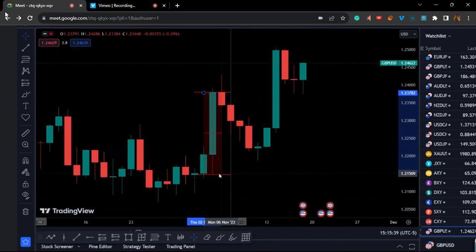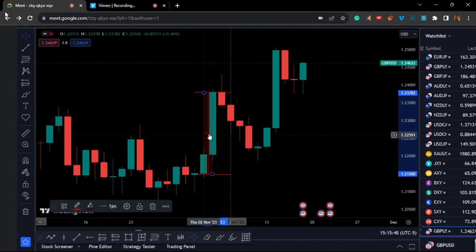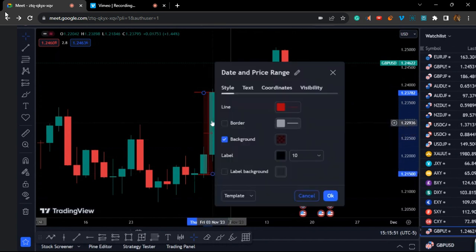Just eyeball it for right now. You don't have to zoom in. Drag it. You have to make it one. You're right there. Drag it all the way down, and you need to make that line a red line. Double click on it. Uncheck border. I'm sorry. Just go ahead and mark up the body range real quick.